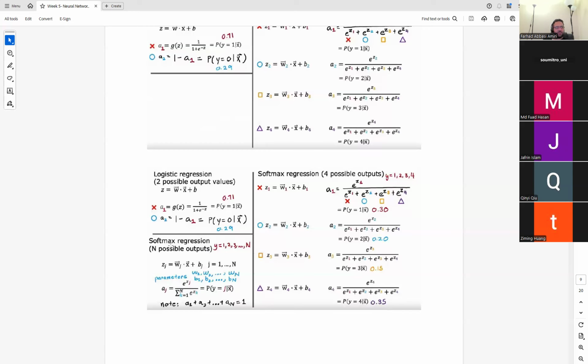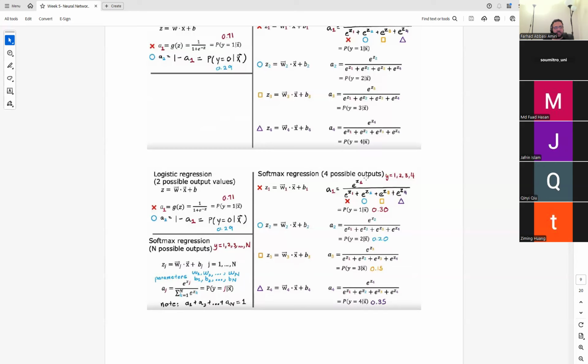So the general expression for softmax regression with n possible outputs, let's say y, the output, is from 1 up to n, right? Then for the z, for example, we had z1, z2, z3, z4 here. To put all these 4 or n equations in a general expression, you can write Z subscript j equal to w subscript j times x plus b subscript j, and j changes from 1 up to n because we have n outputs.